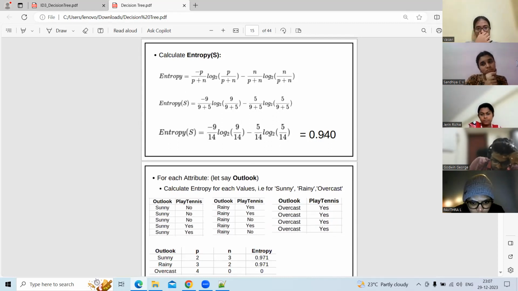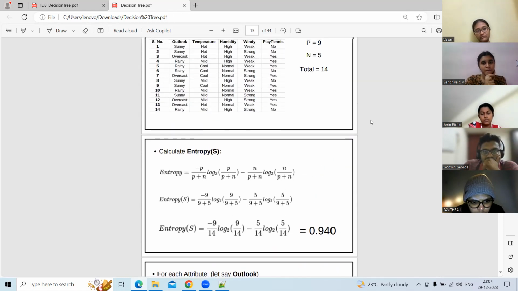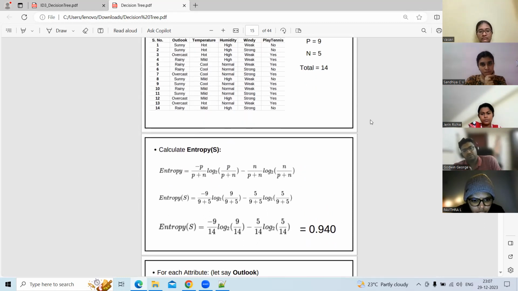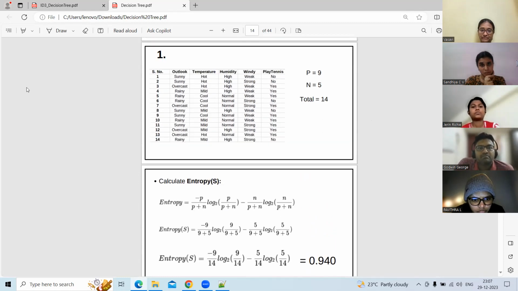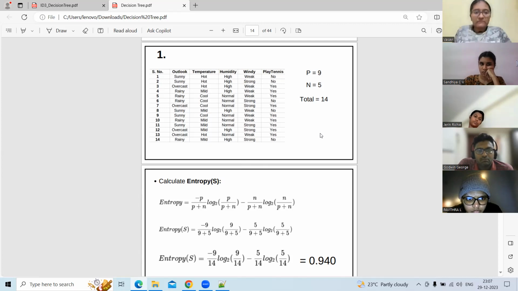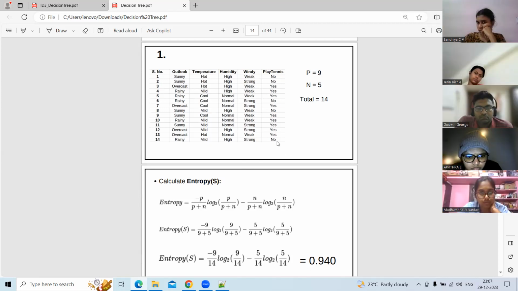0.940 is the entropy of what? The entropy of this whole data. What do you mean by whole data? When we consider all these attributes, are we looking at outlook, temperature, humidity, windy when we calculate this entropy?